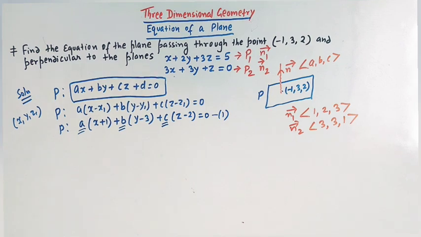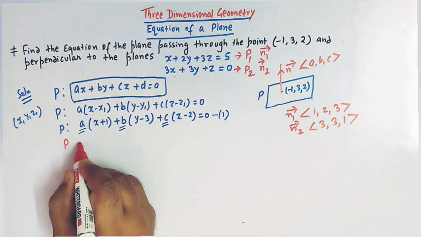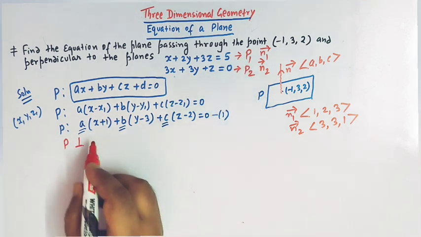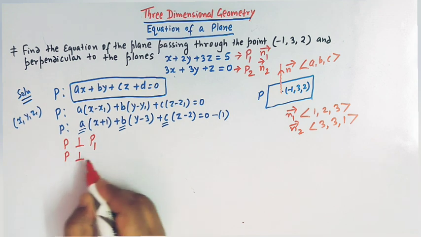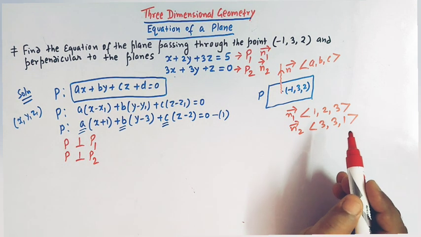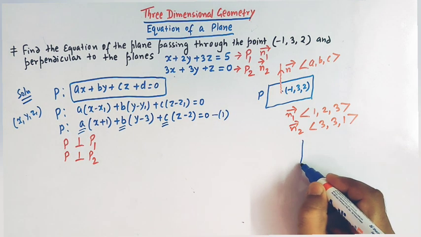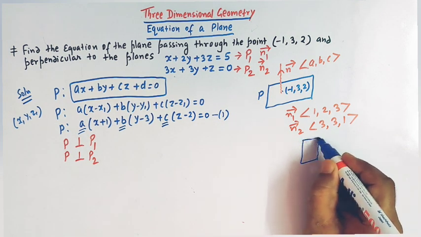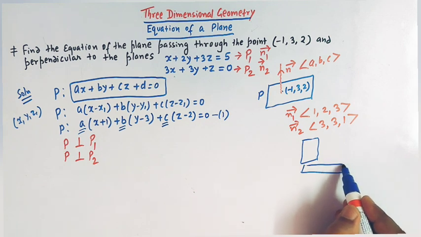Right? Now we are given that this plane P is perpendicular to this plane P1, and this plane P is also perpendicular to the plane P2, right? And we know that if two planes are perpendicular, then their normal vectors are also perpendicular. Suppose we have a plane and some other plane, say this is the other plane, right?